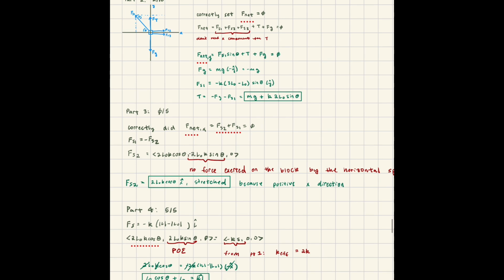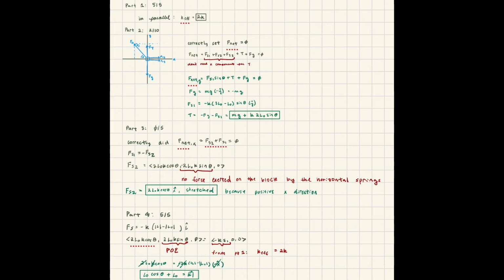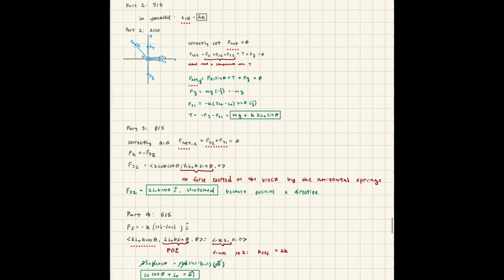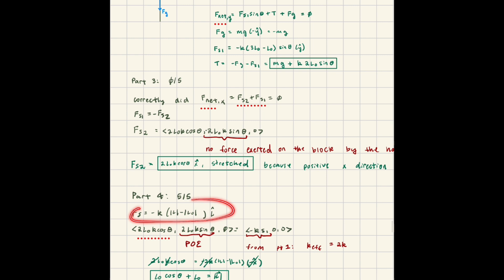So then for part 4, I got 5 out of 5, which, I mean, technically I was a little wrong, but it's because I used my work from part 3. That was a carried error, and so they didn't penalize for that, thankfully. What I did was, this is Fs, and when it equals the spring force, I did get a little bit confused.